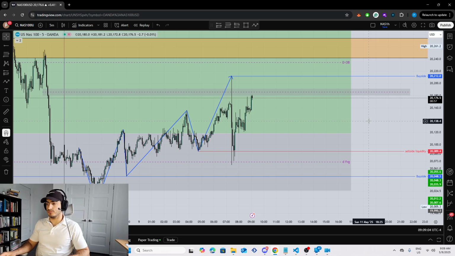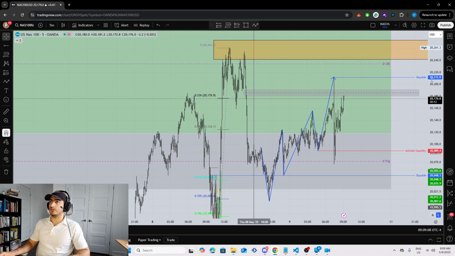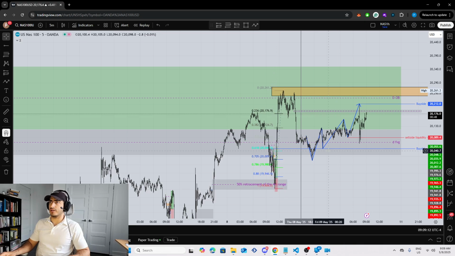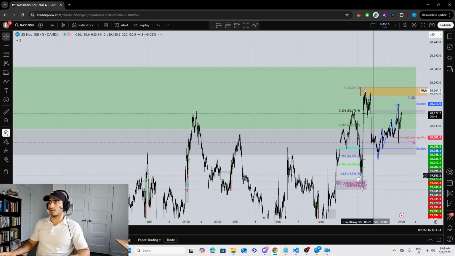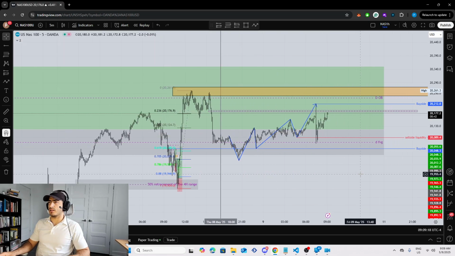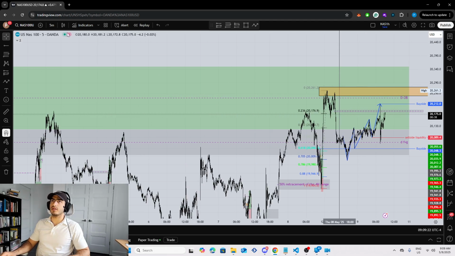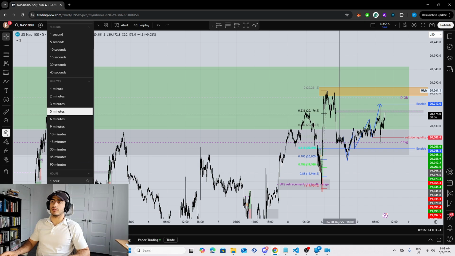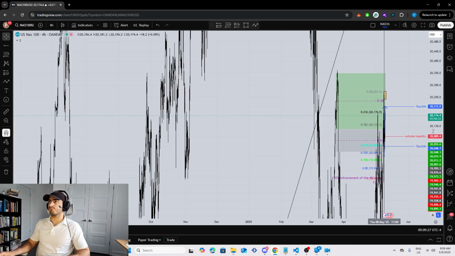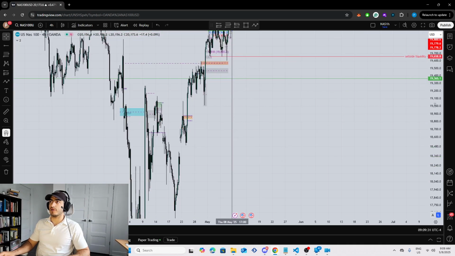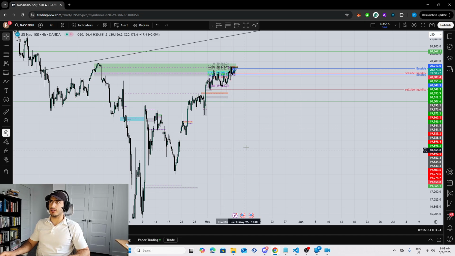Hope you guys enjoyed this quick pre-market analysis. I wouldn't see a reason for us to come back here unless we take these two highs. And maybe even in the grand scheme of things, just leave relative equal highs here and come and rebalance somewhere around this area.